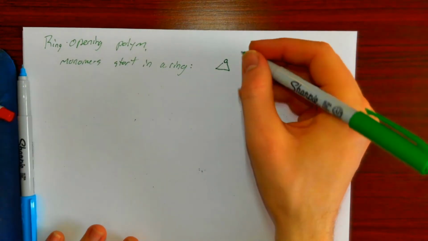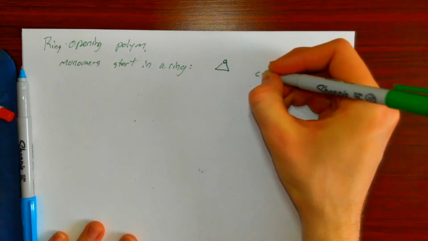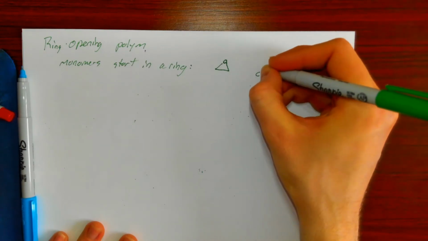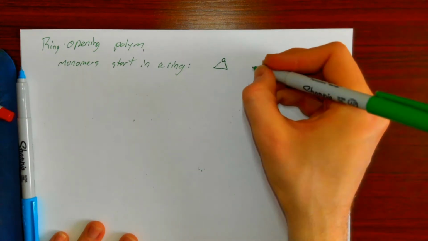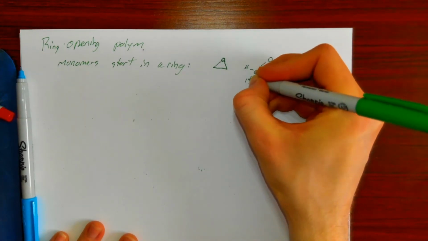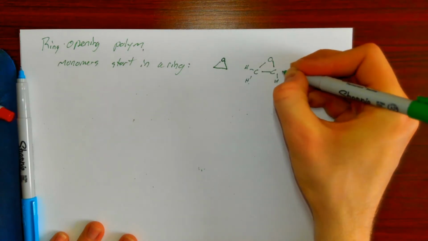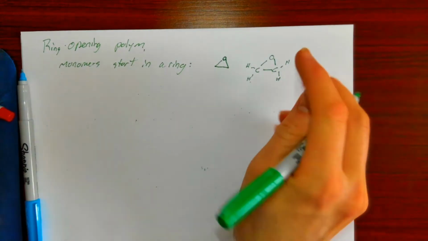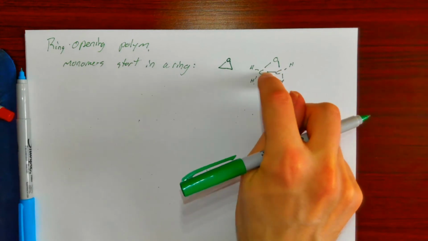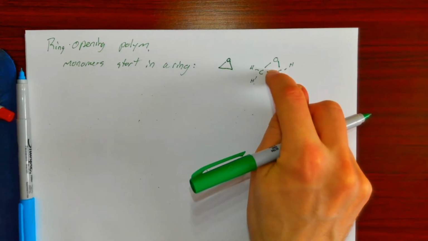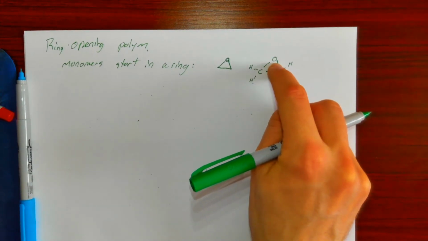If I were to fill in the molecules, it's a carbon, carbon, oxygen, and each of these carbons has 2 hydrogens coming off. And if you imagine, this involves a pretty substantial strain in the bonds right here.